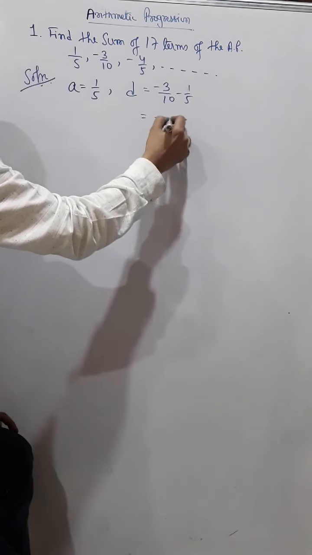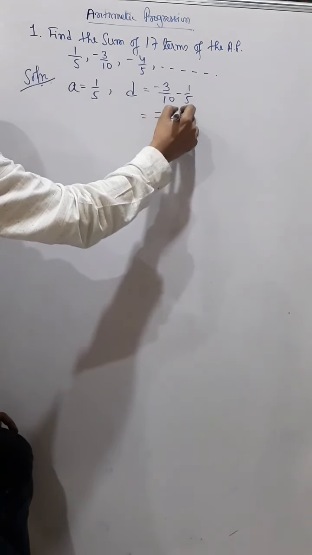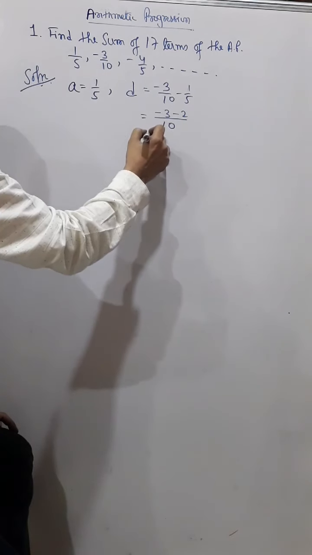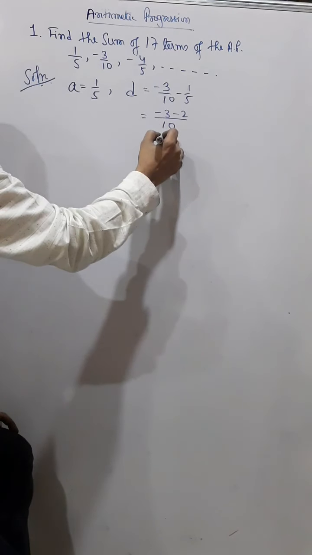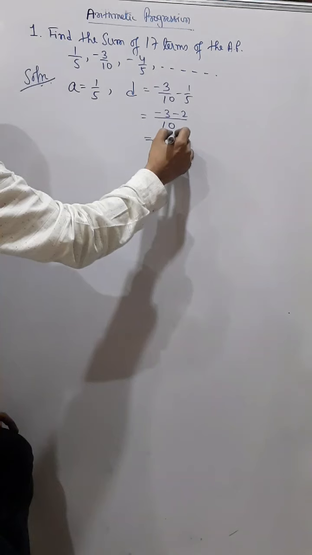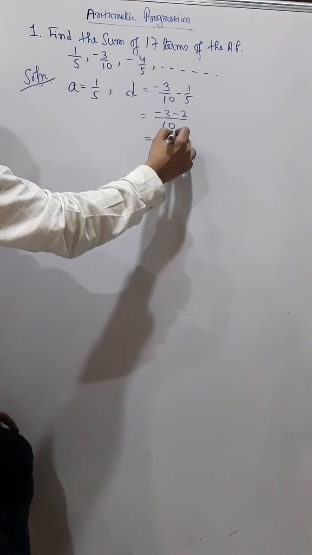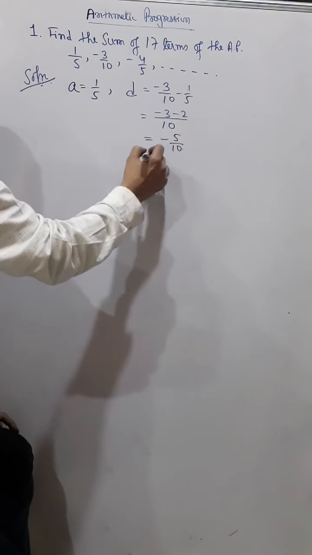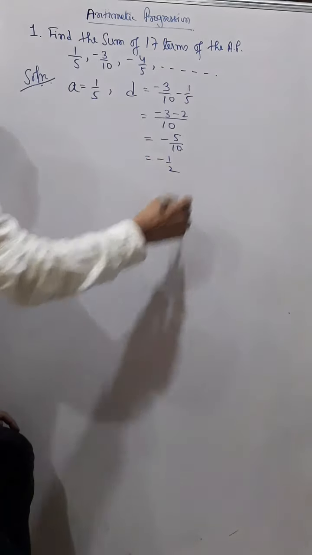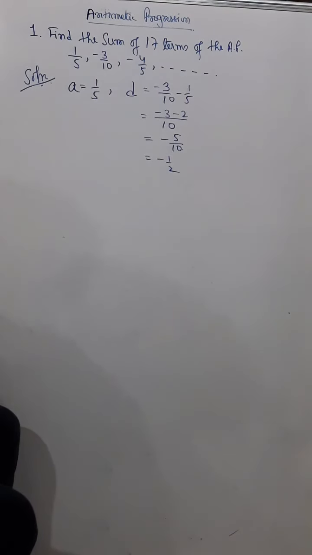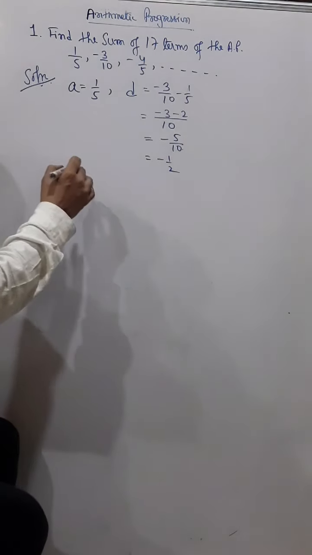We can take LCM 10, so we get minus 3 and minus 2, that is minus 5 by 10, which is minus half. So d is equal to minus half.